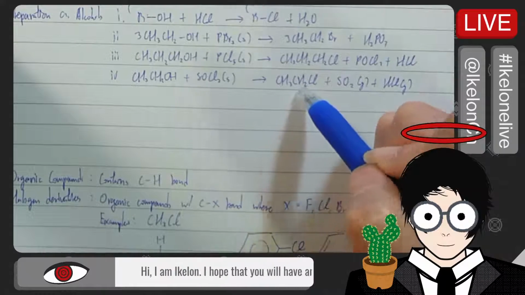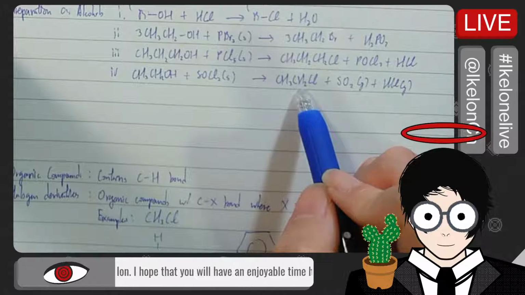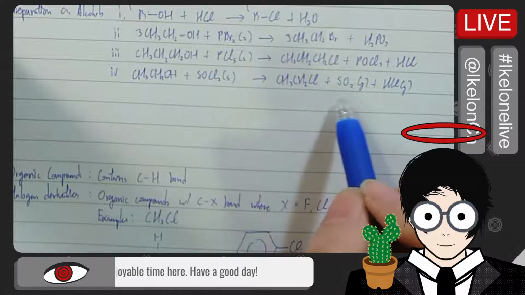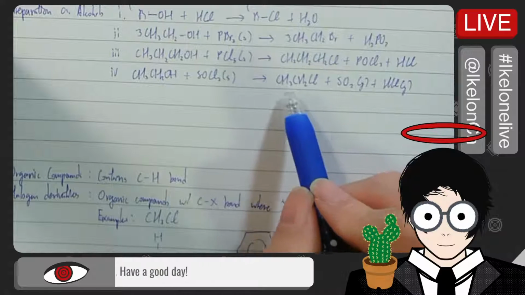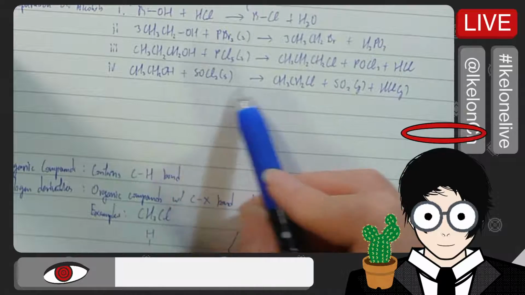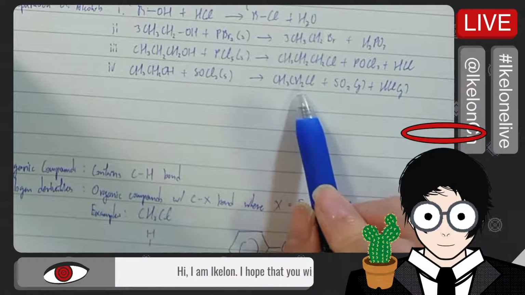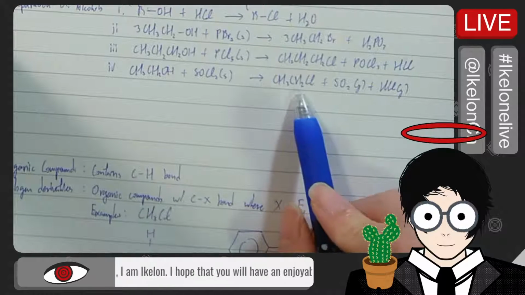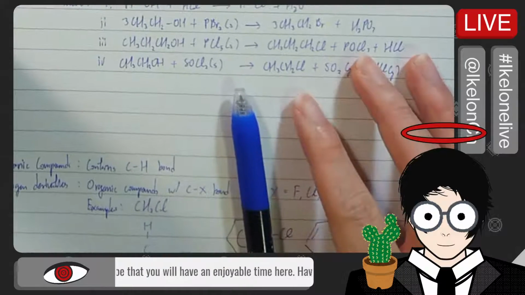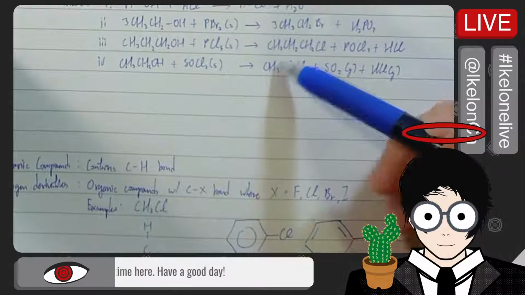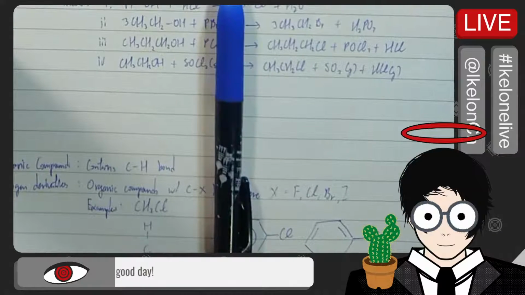So for this reaction, it's very easy to get the product we want. We don't have to spend too hard separating them. So that's why this reaction is usually favored if you want to get a chloride containing halogen derivative. Right, so that's for our preparation of alcohols.